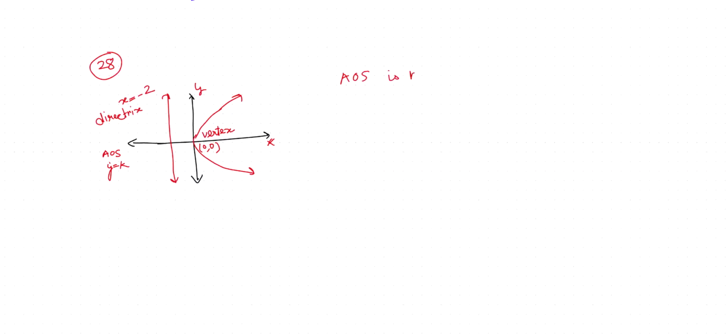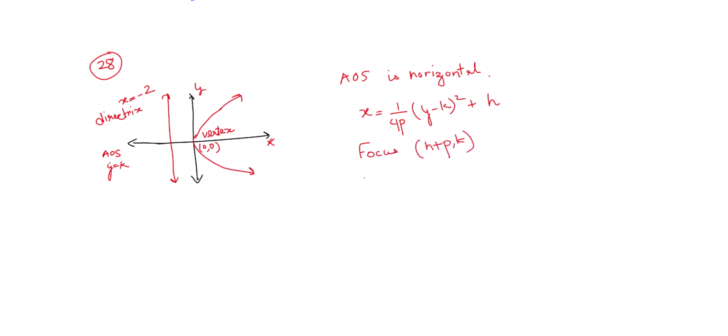So when the axis of symmetry is horizontal, we use the parabola equation x is equal to 1 over 4p times y minus k square plus h. And the focus is h plus p comma k, and the directrix is x is equal to h minus p.